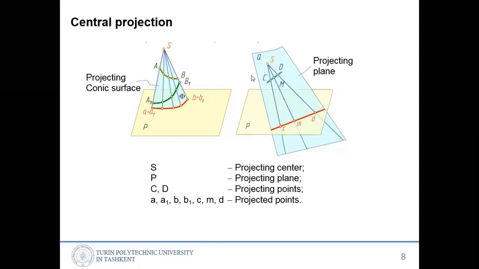So we can generate a plane also, by using 2 lines, a projection line and a projecting line. So using a projecting line and projecting point, we can generate a plane also. Soon later we'll see how to use this.